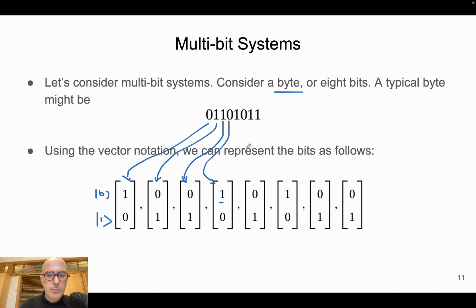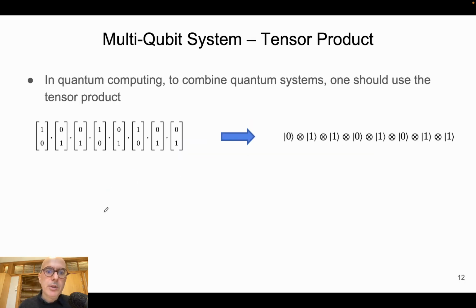We can switch from this very complex notation to a column vector notation, where we basically multiply a real number by either state 0 or state 1. In quantum computing, to combine quantum systems, we use the tensor product of vectors. We can do this extra step because the combination of quantum systems is achieved using the tensor product.